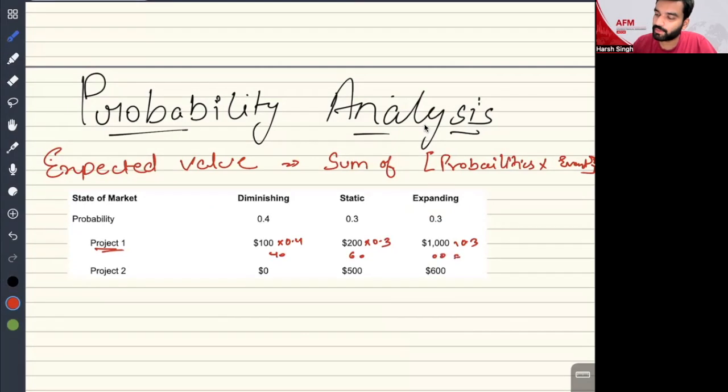So the total will be 400. Similarly, over here, 500 into 0.3 is equal to 150, 600 into 0.3 is equal to 180. So 150 plus 180 will be equal to 330. So the expected values of project 1 and project 2 will be 400 and 330.